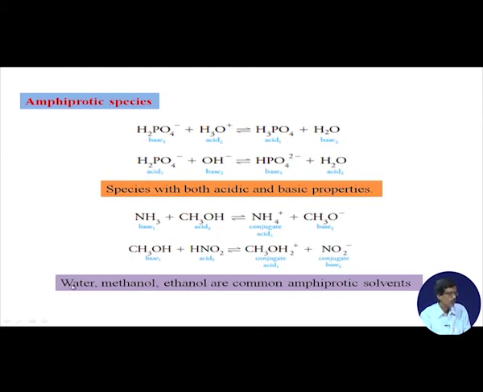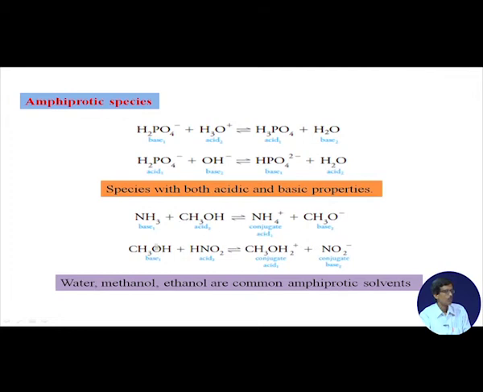So, we get water, we get methanol. Similarly, other alcohols like ethanol are common amphiprotic solvents. When we choose an amphiprotic solvent to get a particular type of anion, we should be very careful about the corresponding species or anions.